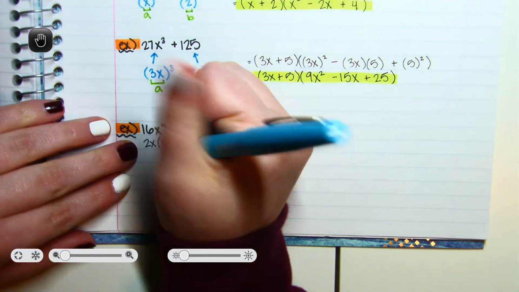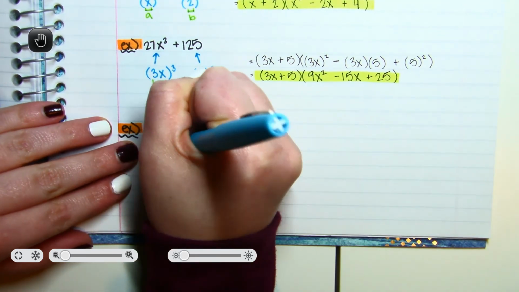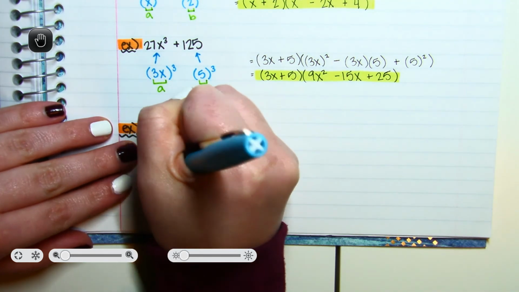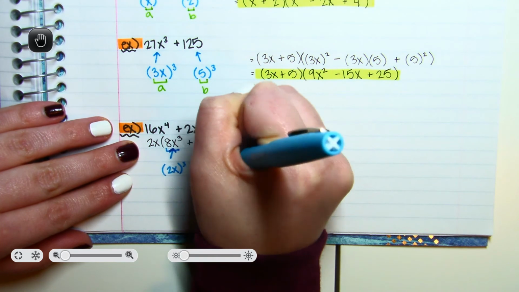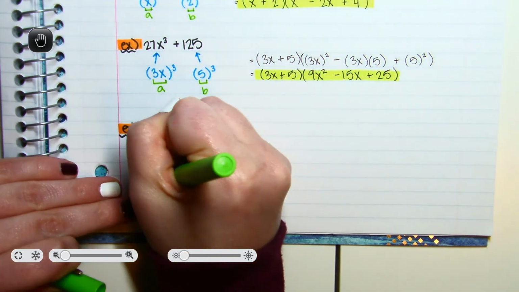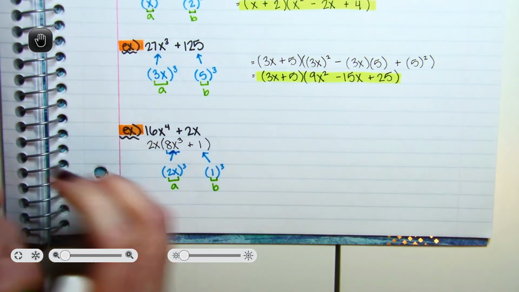So I have my a and b. So this will be 2x quantity cubed and then 1 cubed. So my a is 2x and my b is 1.